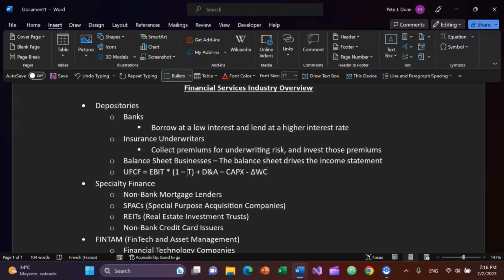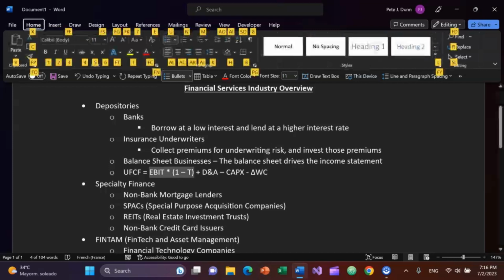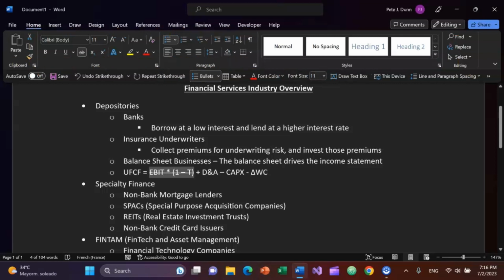So unlevered free cash flow is not going to work for these businesses, and the reason why is, first, banks earn interest as part of their top line, and same with insurance companies, they're earning interest on their assets, so there's no such thing as earnings before interest and tax.